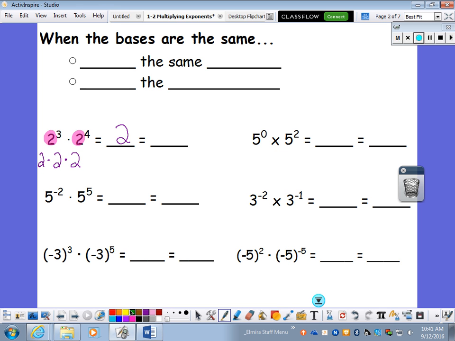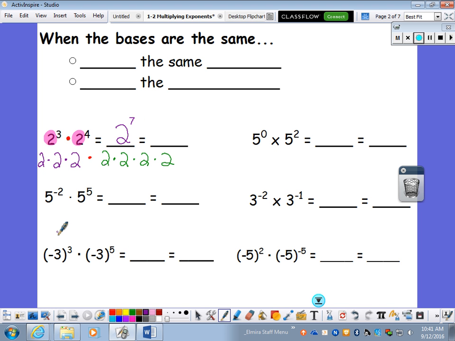And 2 to the fourth power means 2 times 2 times 2 times 2. And then we have this times dot here that we're going to carry down. Well, once I do that, all this looks like is one big long string of 7 2's. 1, 2, 3, 4, 5, 6, 7. This times dot is no different than that one or that one. So we get 2 to the 7th power.